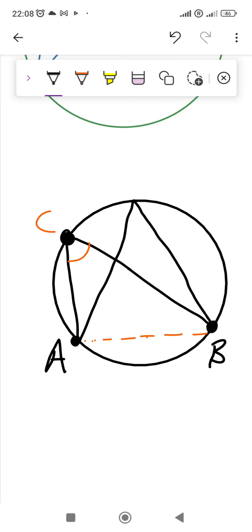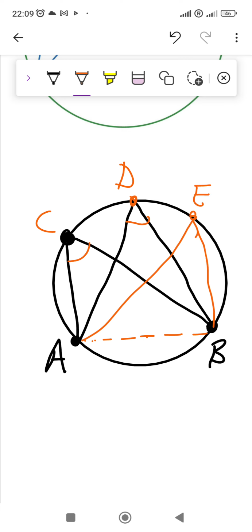Together they go and form another point, and we can call that point D. That's going to be the same thing. AB can go wherever it wants to go. It can subtend another point there, call it E, whatever, and it will also be the same thing.